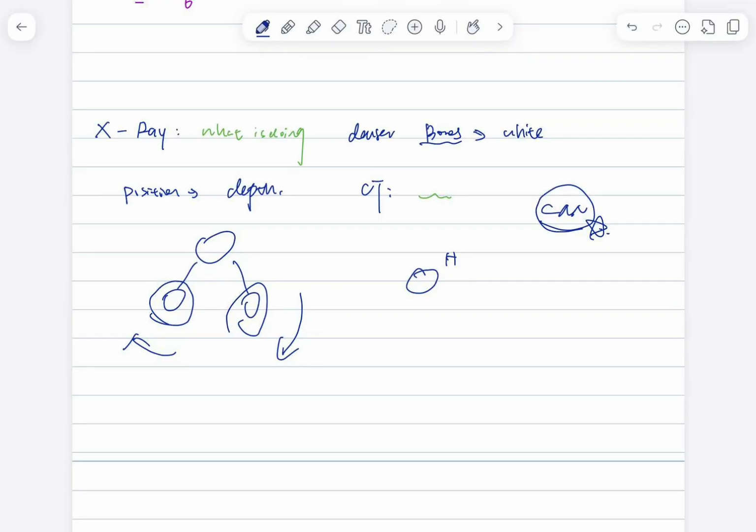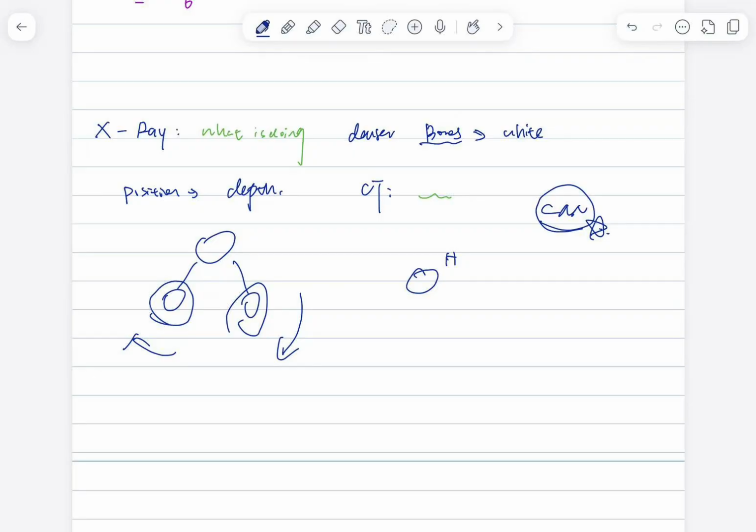You only know it's at this position, but how deep is it into the skin? You don't know. And you can't really tell the soft tissues apart, because they're all made up of the same elements, carbon, hydrogen, and oxygen, and the X-rays pass through them pretty quickly.